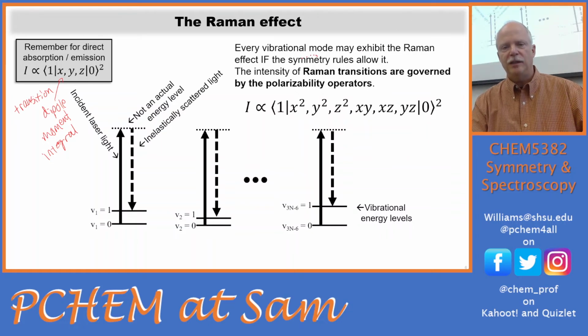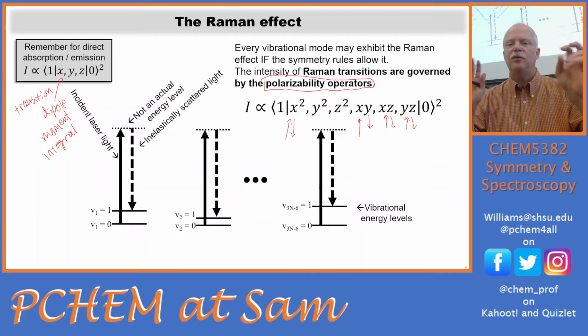But for Raman transitions, they're not the dipoles, they're governed by the polarizability operators. And these are all second order in our Cartesian systems. You can kind of think about this as the incident photon, so like incoming on X and outgoing on Y, or incoming on X and outgoing on Z, or incoming on Y and outgoing on Z, or coming in on X and leaving on X. Okay, so you have all of these 2-photon processes that are governed by 2 Cartesian systems, either the same one squared or some combination.